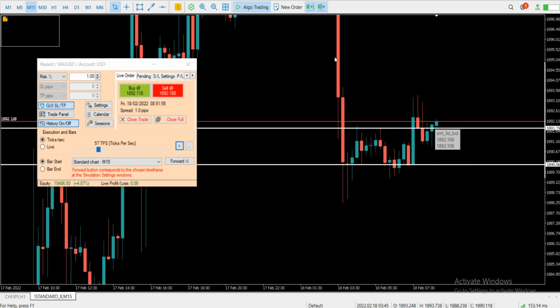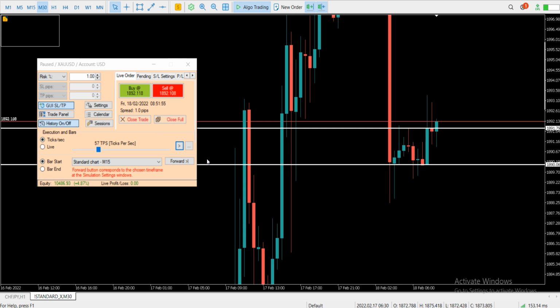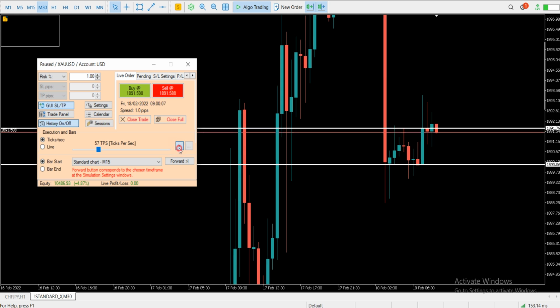But the problem is M15 is a smaller time frame and the confirmations we get on M15 are weaker than we get on the 30-minute, right? The 30-minute candle confirmations are much stronger. We have 3 minutes left, 2 minutes left, 1 minute left, and the candle closed bullish above resistance.